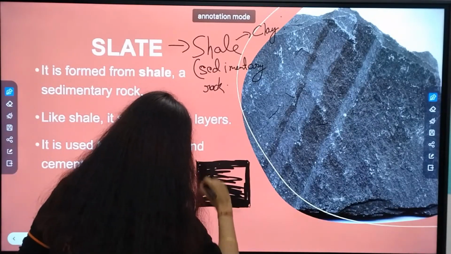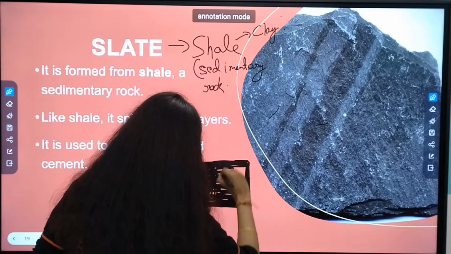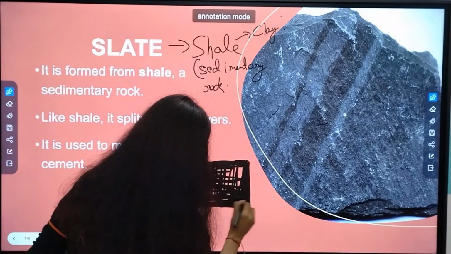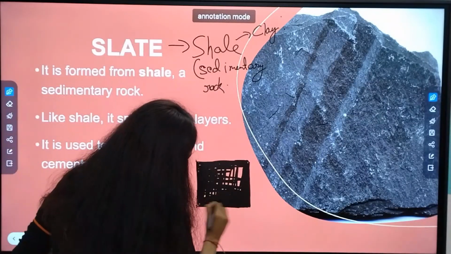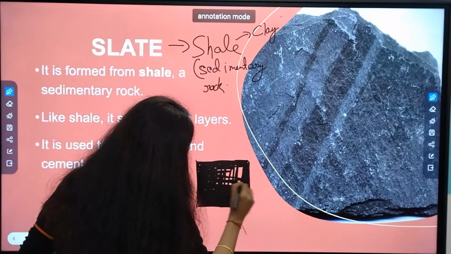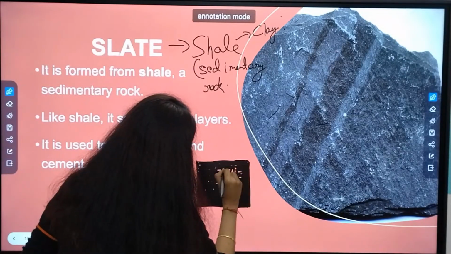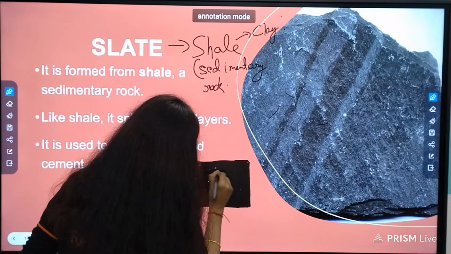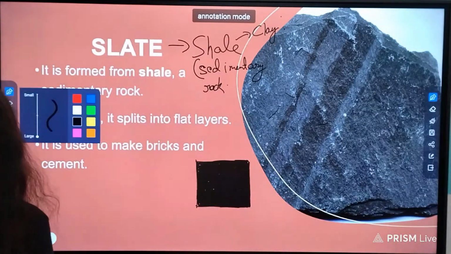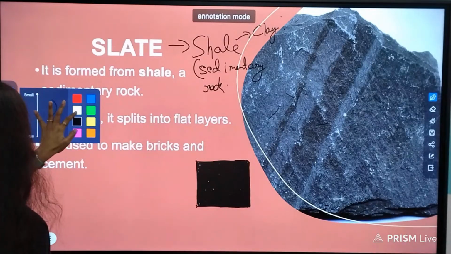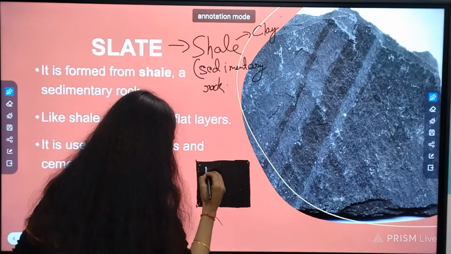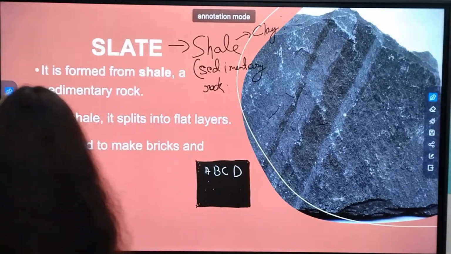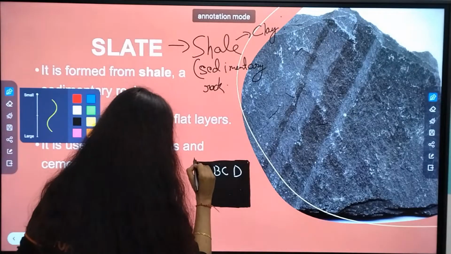Nowadays, artificial boards are also being invented, but it is the basic blackboard of all the students, where you start writing your alphabets. Okay, this blackboard where we used to write A, B, C, D, and the side was yellow.